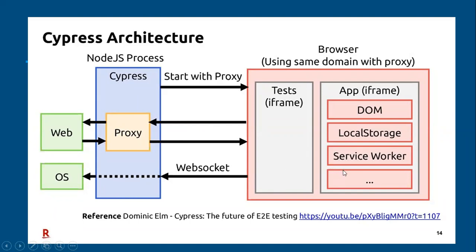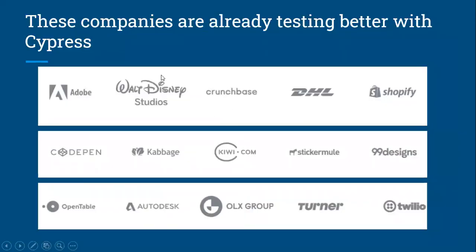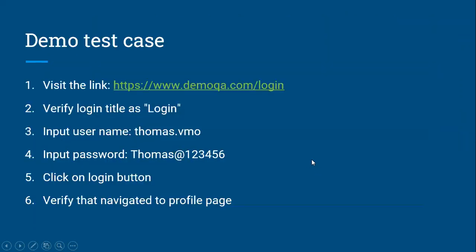And that is the architecture of Cypress. And for now, there are some companies already testing with Cypress, as you can see, Adobe and Shopify, right? So next, I will show you a demo test case using Cypress.